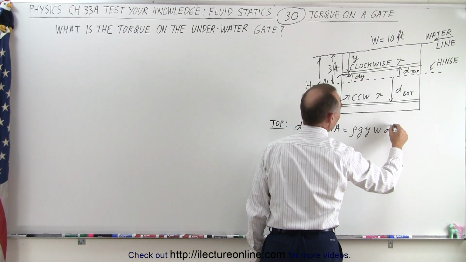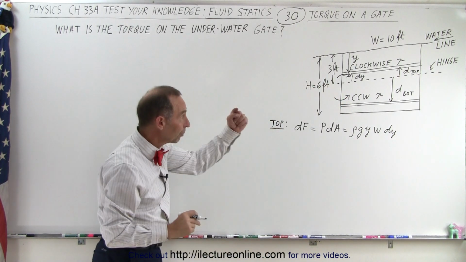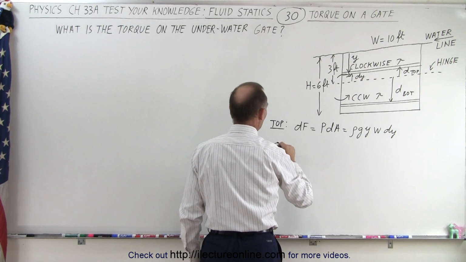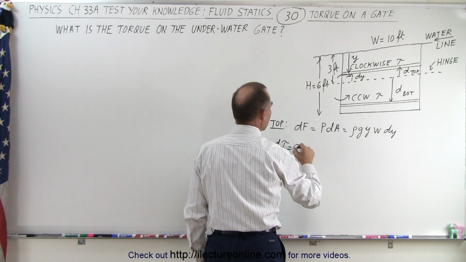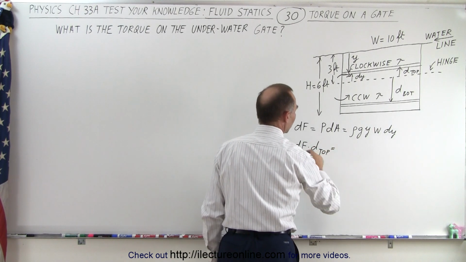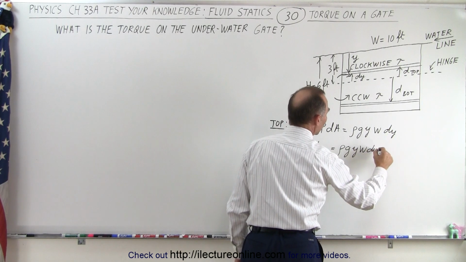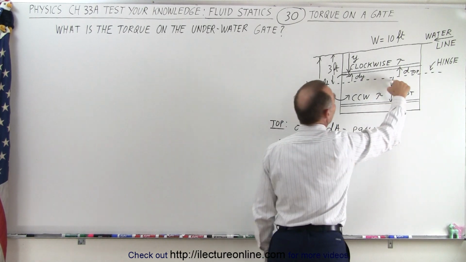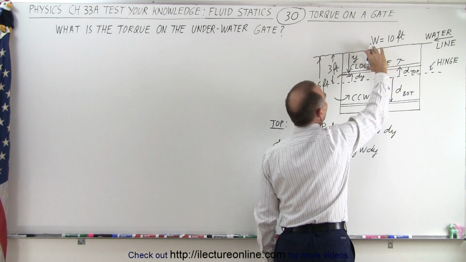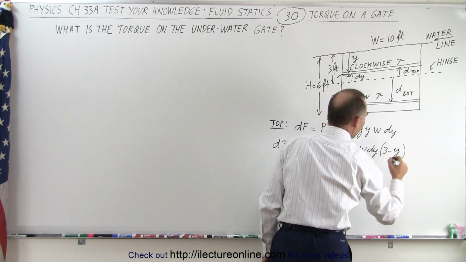So W times dy, that's the force on that small little strip from the water behind it. Then the torque caused by that will be a d torque, is going to be a dF times d at the top. And so that's going to be equal to rho g y w dy. And the distance at the top, well, let's see here, that's going to be 3 feet minus y is going to be this distance. That's going to be 3 minus y.